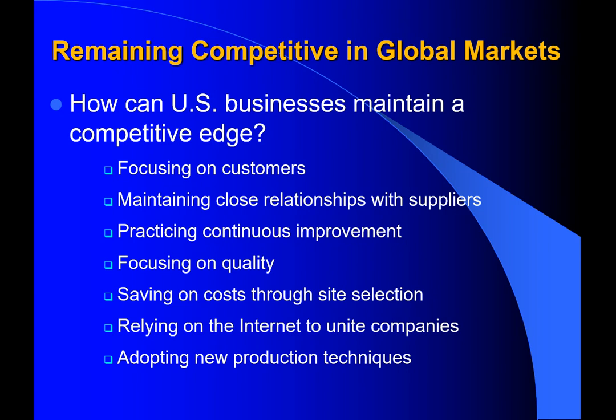You also want to practice continuous improvement in your system, on your processes, to make sure you're becoming better and better and better and so on. Focusing on quality again is a key idea. You can sell merchandise that is of low quality, you can sell merchandise that is damaged, and so on.